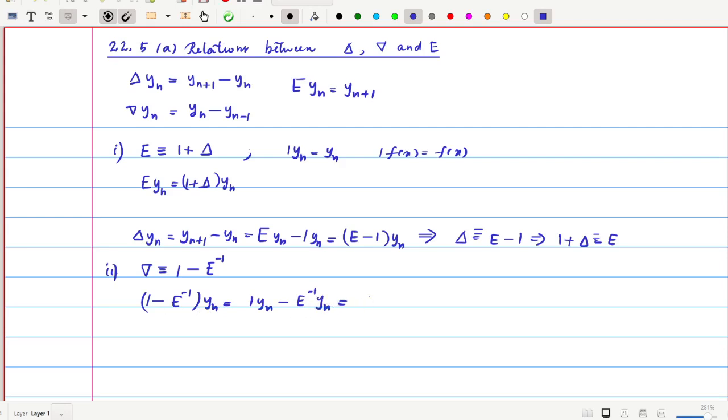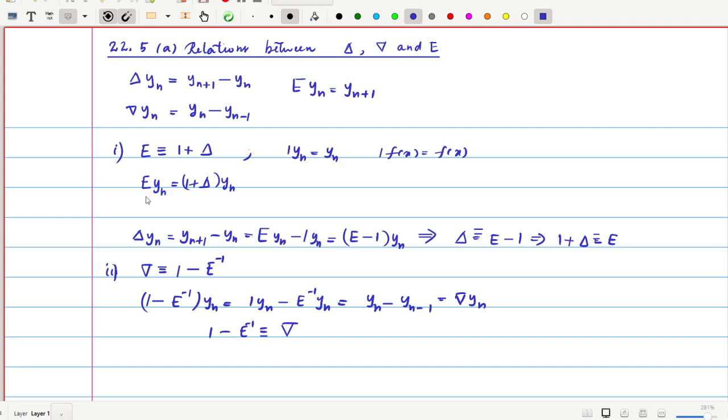So that is equal to yn minus yn minus 1, which is del of yn, and del of yn is defined as yn minus yn minus 1. So from this you can write 1 minus E inverse is equivalent to del, the backward difference operator.